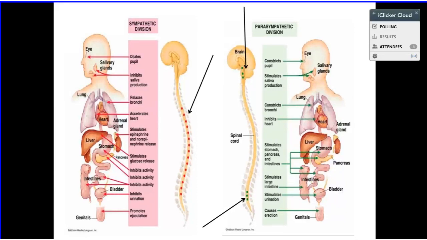Okay, we call these systems antagonistic. That word is just a fancy word for opposite. So in general, if you look up here, it says sympathetic inhibits saliva production. Parasympathetic, what's the opposite of inhibit? Yeah, it causes it. So parasympathetic is going to increase saliva production.